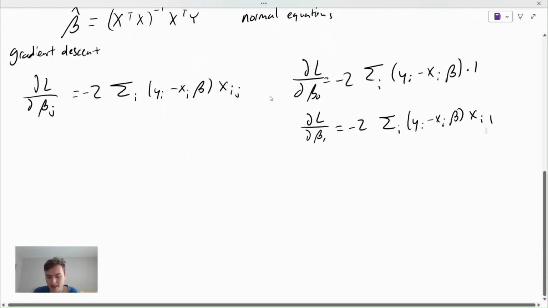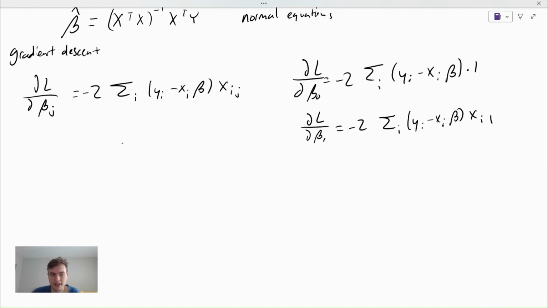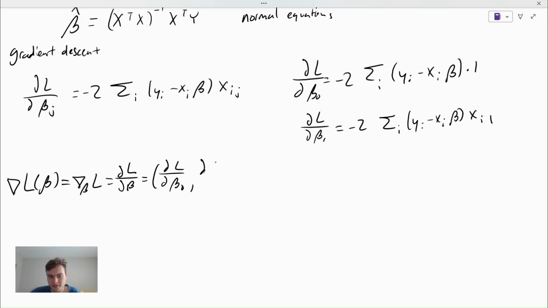And again, if we want to write this in matrix or vector form, we can talk about the gradient of L of beta. Notation, we could also write it like this, the gradient with respect to beta of L. So beta is that p by 1 column vector of betas, right? But we can talk about the gradient as the vector of all the different dL/d beta j's, right?